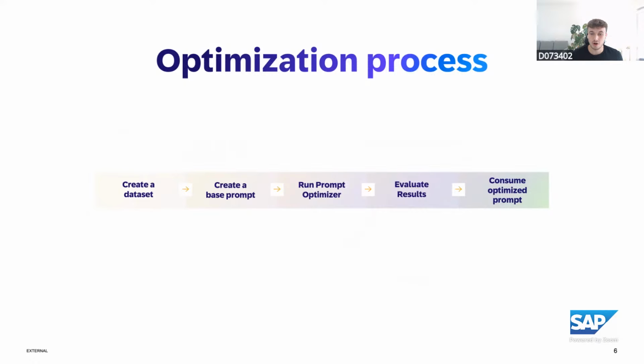This will then trigger a whole optimization process, which can take a few minutes. In the end, you end up with one optimized prompt for every model, which you can then evaluate and test, so that finally you can consume the optimized prompt from within your application. You can use all the tools that you already know from AI Core and work with this prompt afterwards. You can consume it using our APIs and our SDKs, or even within our UI, AI Launchpad. So this is a very straightforward but very effective way to optimize your prompts.